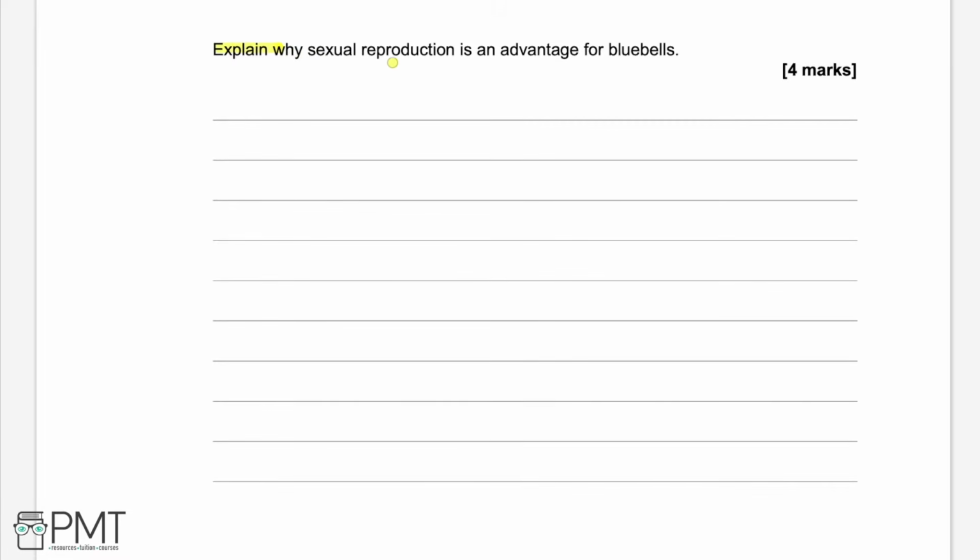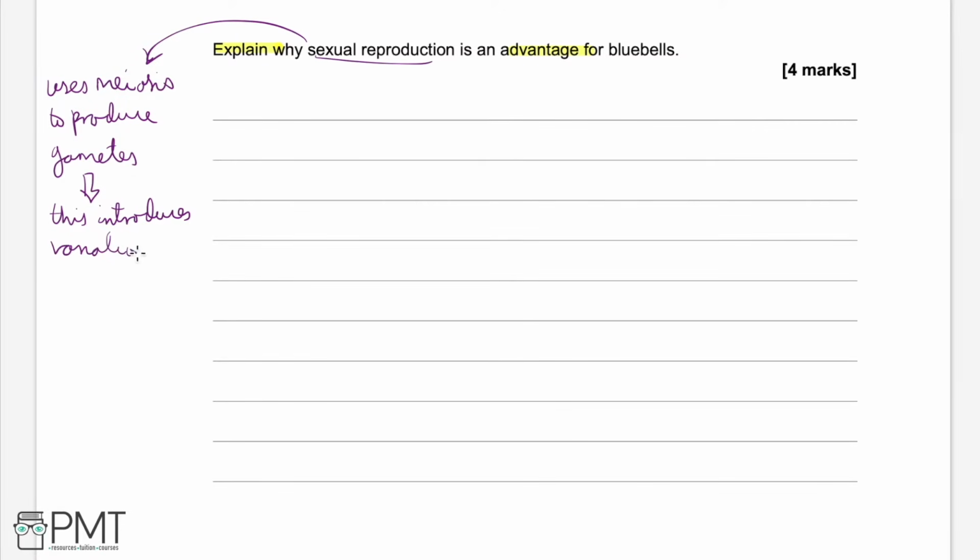Explain why sexual reproduction is an advantage for bluebells. Let's think about sexual reproduction. Well, sexual reproduction requires gametes. These are produced by meiosis. The process of meiosis produces genetically distinct cells. Therefore, genetic variation is introduced.